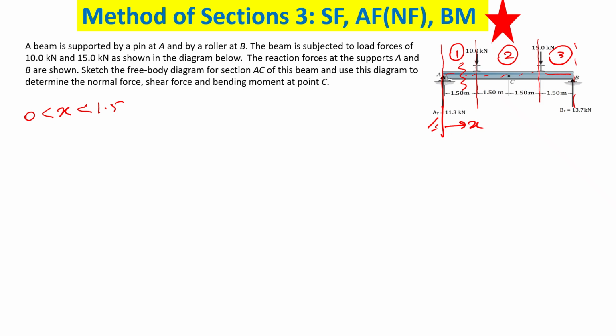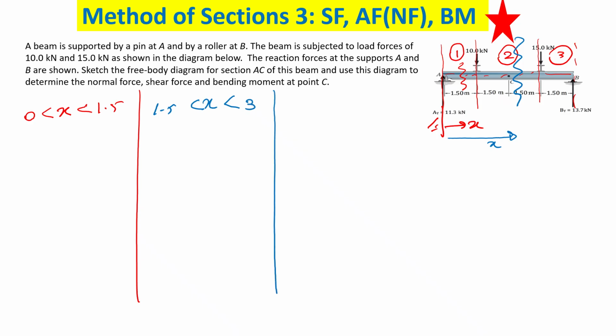And again, when you cut here, your x is somewhere here, so your x is between 1.5 and 3. Am I right? Yes, 4.5. Am I wrong? And the next one is x more than 4.5 and less than 6.